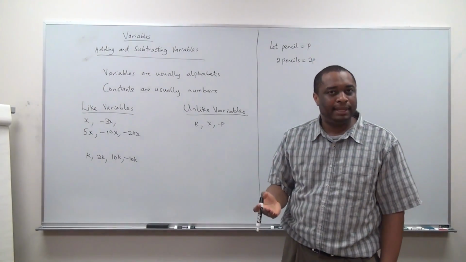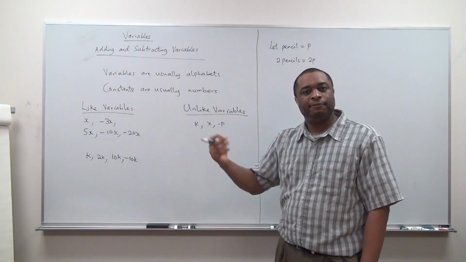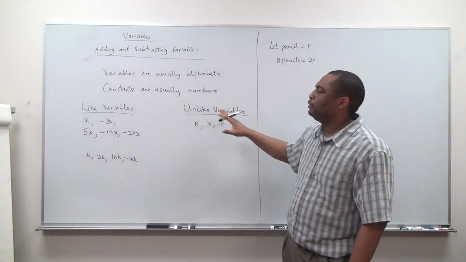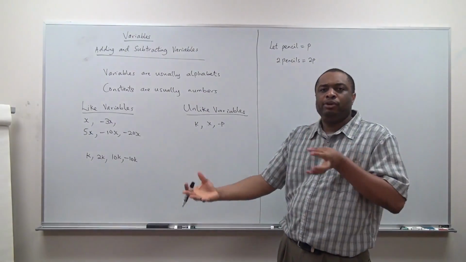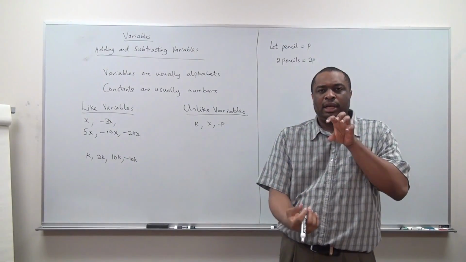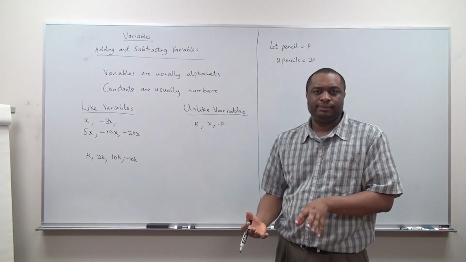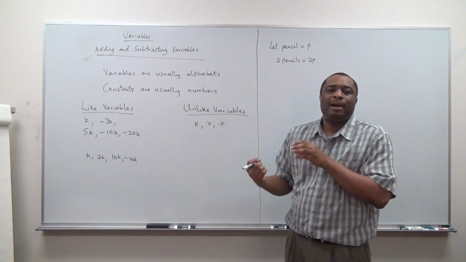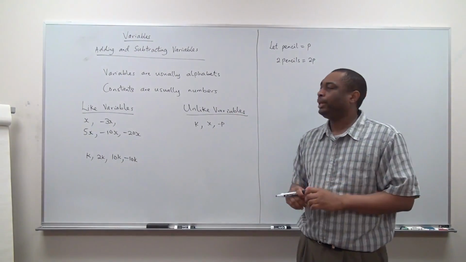If you want to buy 10 pencils, 10p. 15 pencils, 15p. So what happens with variables is just what you learnt in numbers, but you are trying to bring that knowledge and apply it with alphabets. So all the alphabets you see, just treat them as if you would treat ordinary numbers. That is the way you do it.